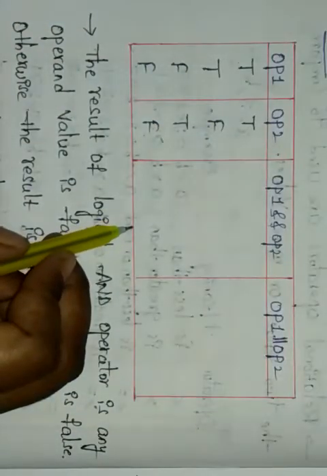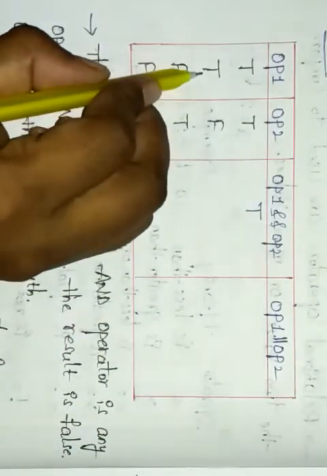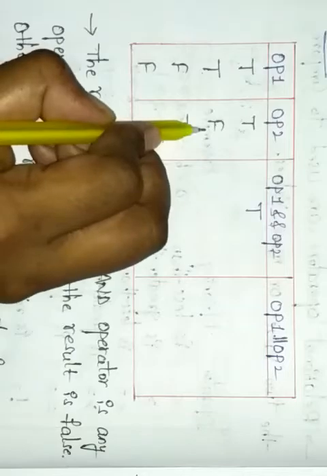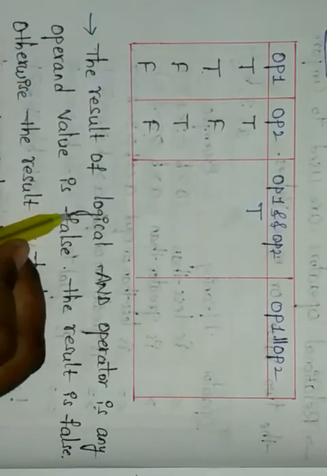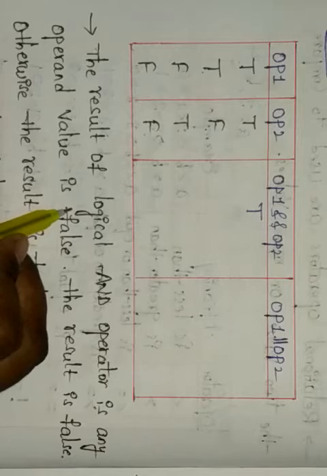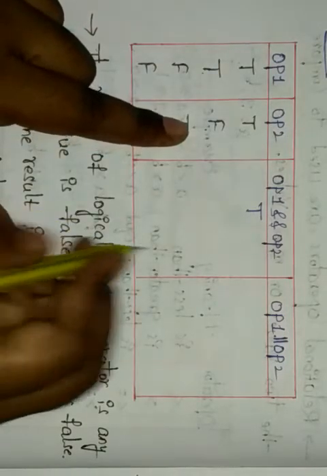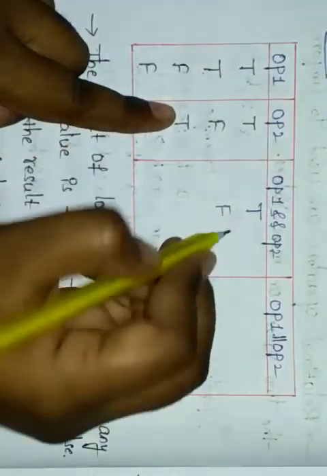Just check. True and true: these two are true values, so the result is true. Next, this is true and this is false. Definitely whatever you have needs to be a true statement only. Here we have a false one, so you can make this false.